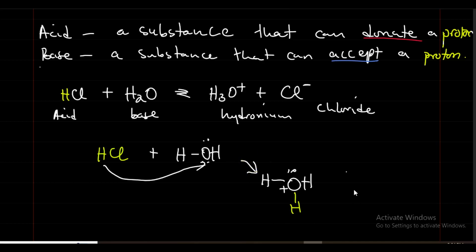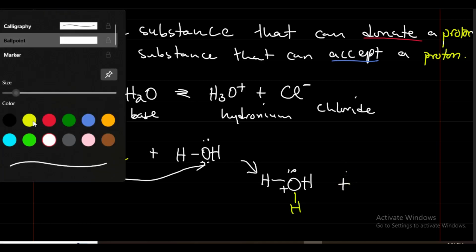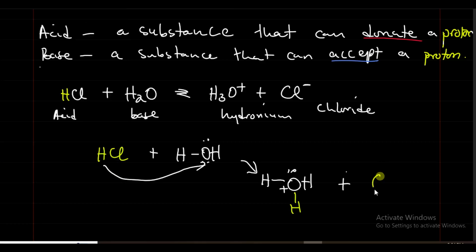hydronium. Now, because the hydrogen left without any electron, where did the electron go? The electron went back to the chlorine atom to form the chloride ion.